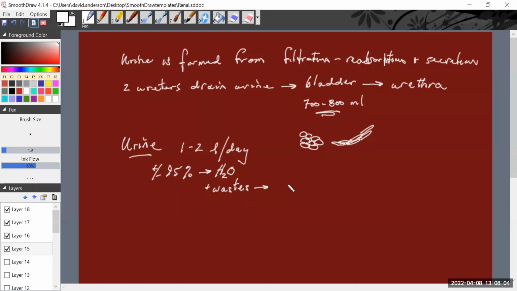But wastes that are outright considered waste would be urea. And urea ultimately came from the deamination of amino acids in the liver. We talked about this in the digestive system. We take the NH2 group off if we're going to try to convert an amino acid to glucose, for example, or to a fatty acid, to triglyceride.